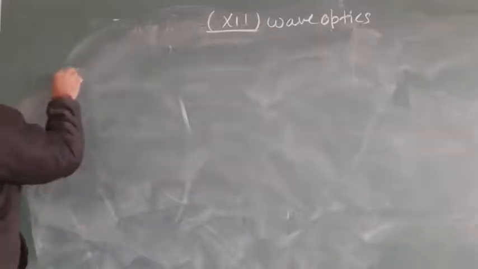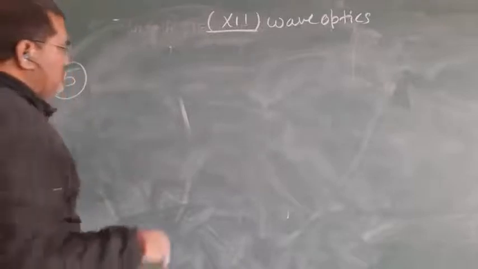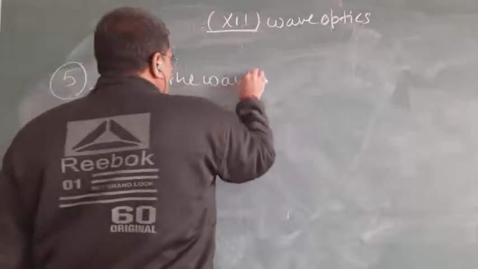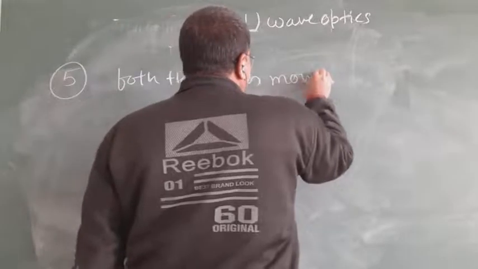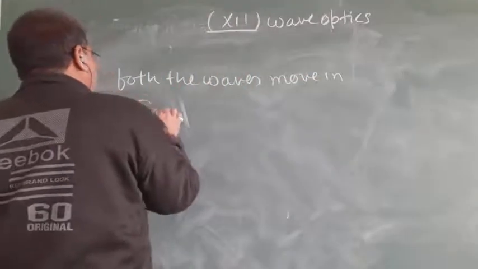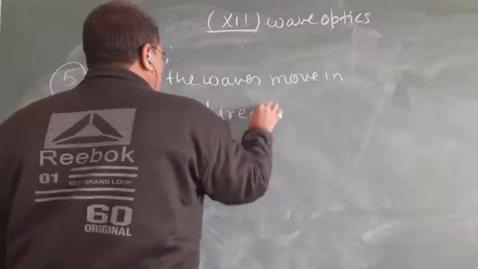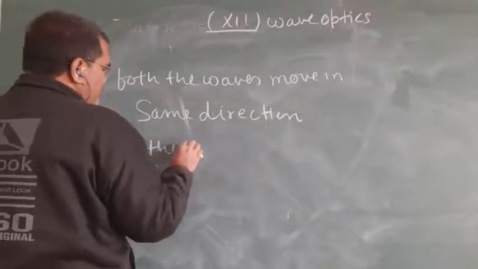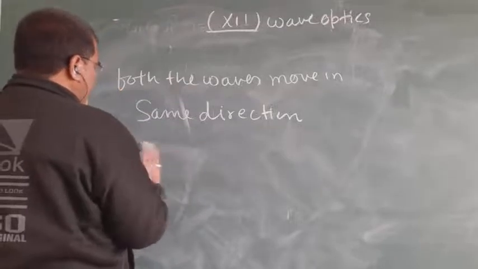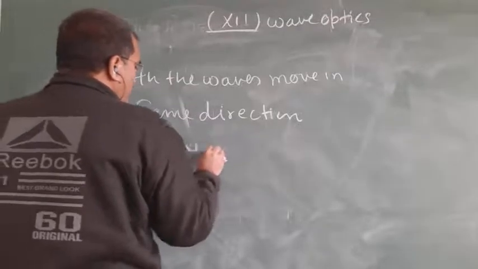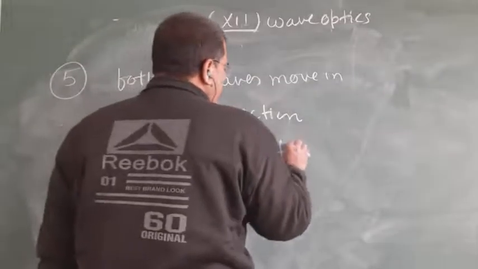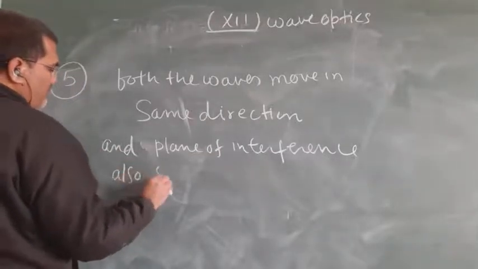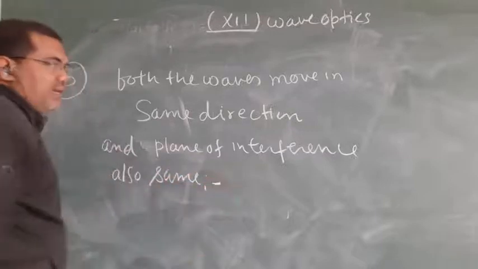Next, you can write: both the waves move in the same direction, and they should interfere, and the plane of interference should also be the same, for good interference on the screen.